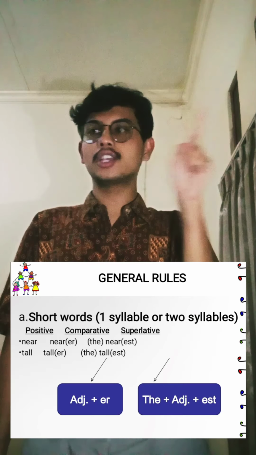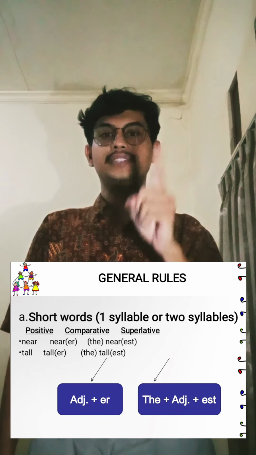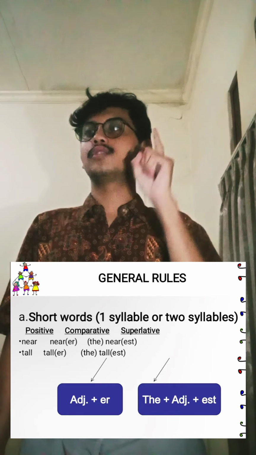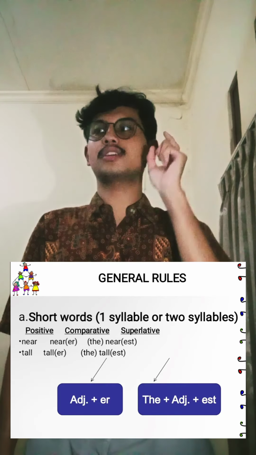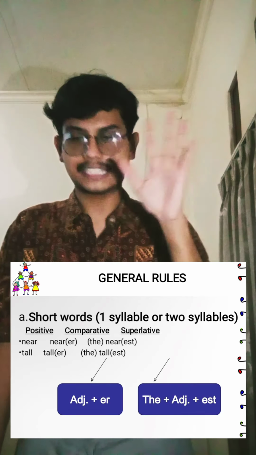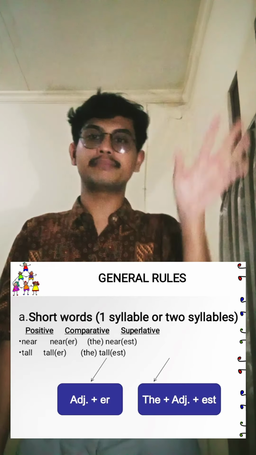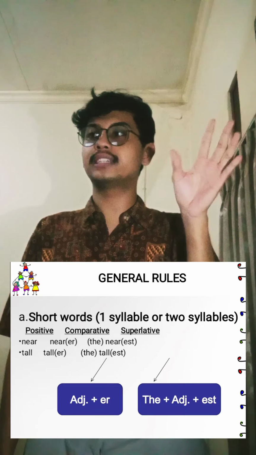So you can see the material on my PowerPoint. So the general rule, the first thing you should know, is short words. Short words are only one syllable or two syllables. So you can see on the slides the positive is near, and you can compare it by using nearer.